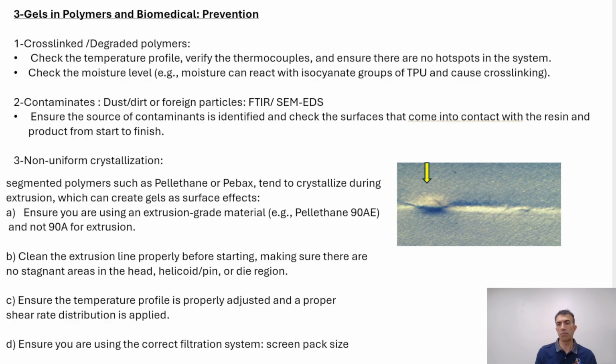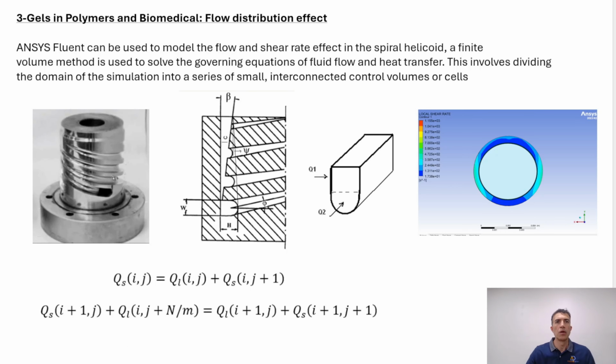One of the important elements in extrusion of tubes in biomedical is the helicoid, and the helicoid has a very critical role in the formation of gels, especially the gels that are formed as a result of post-crystallization in materials like polyurethane or PEBAX.